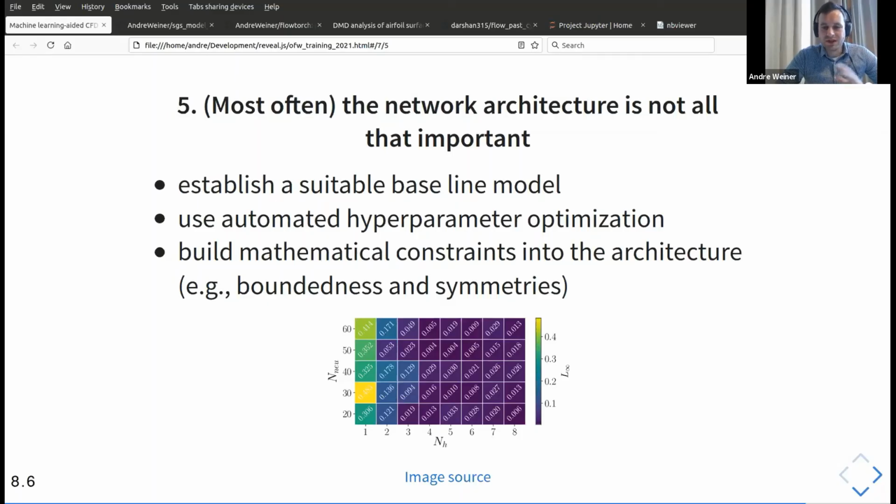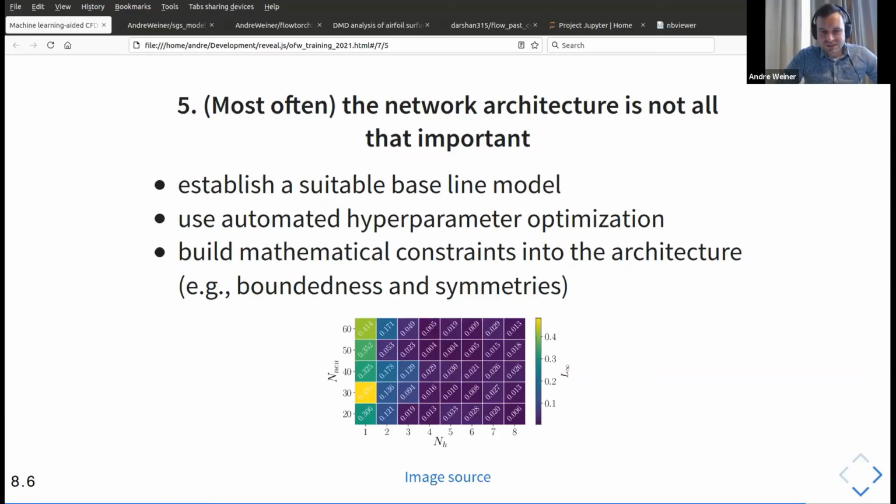If you go through the literature and search for automated ML, AutoML, you find libraries for how to do that. You can also very easily build mathematical constraints into the network's architecture, for example ensuring that your model is bounded to a certain range. This is really easy.